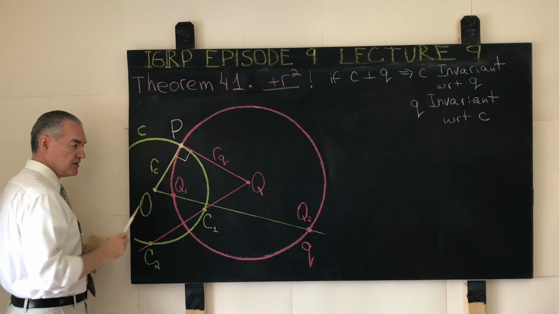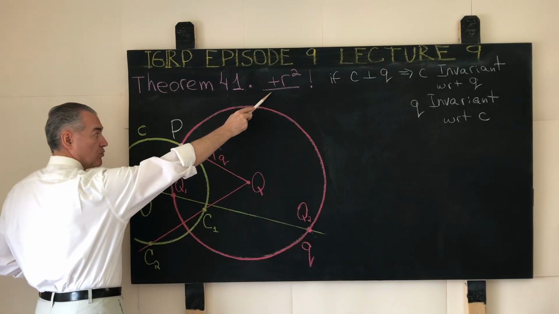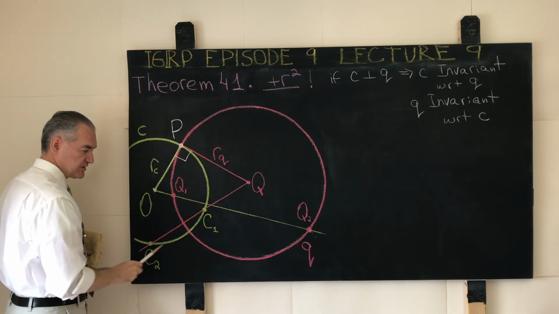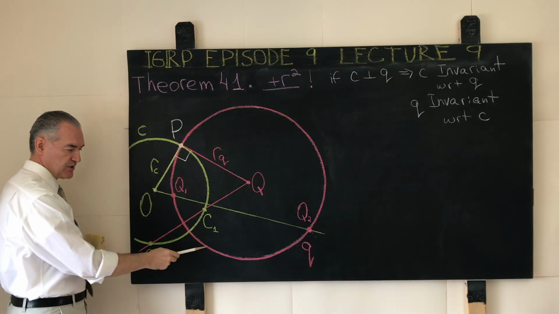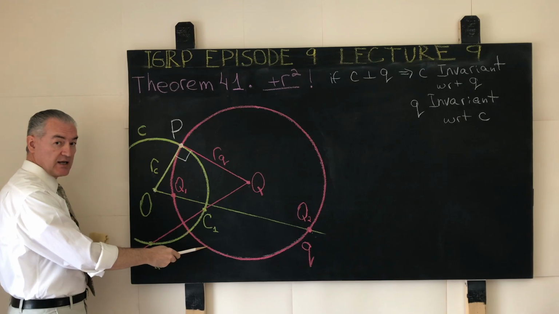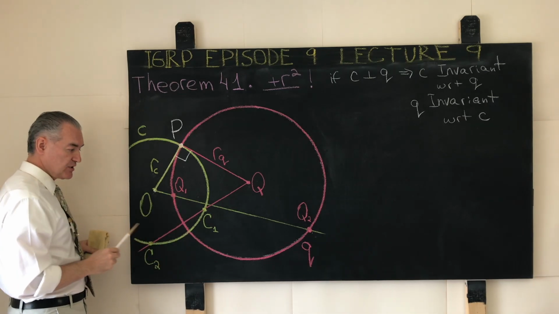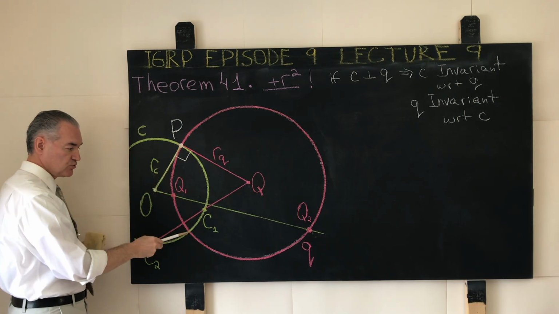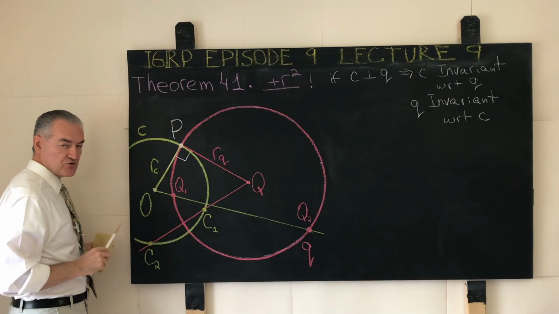And under the inversion of the ambient plane with positive power with respect to the circle C, almost every point that belongs to the circle Q gets moved or rebuilt in a non-trivial way, with the exception of the two points where these two circles intersect, because these two points remain stationary or fixed.